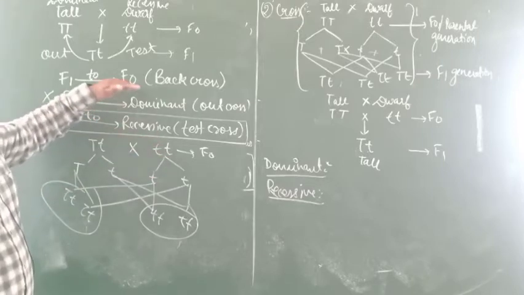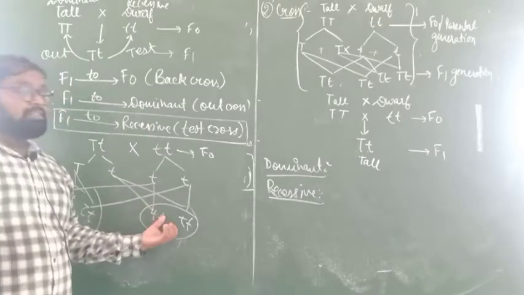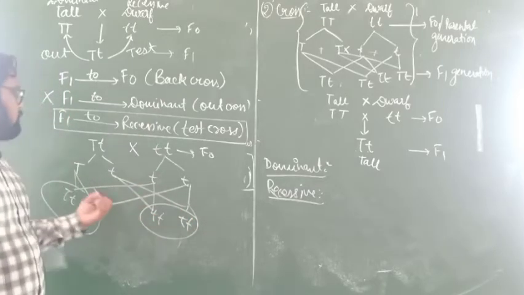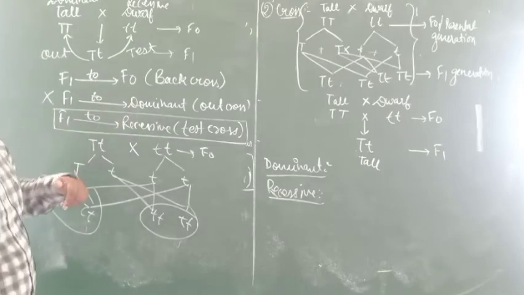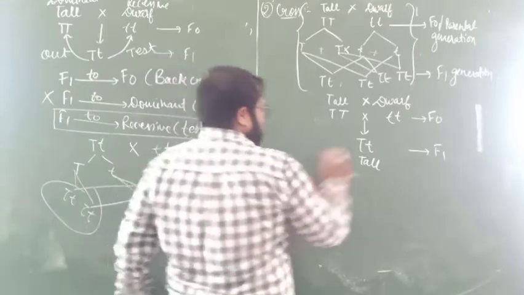Similarly, if we want the maximum amount of dominant characters, then we will do the outcross. Simple as that.